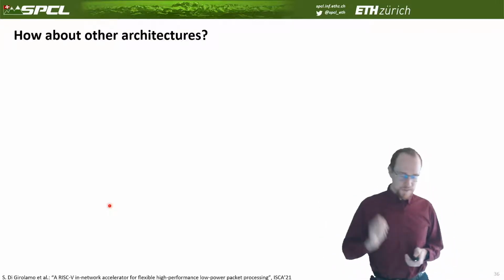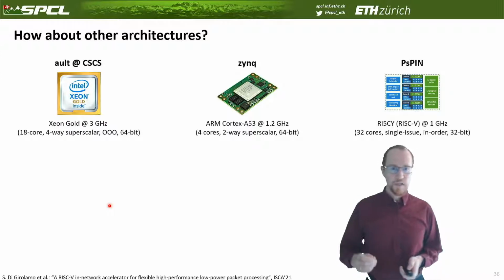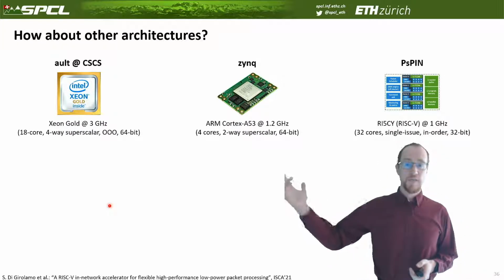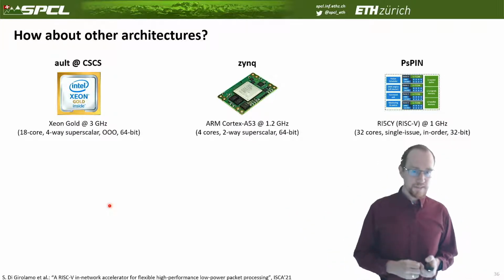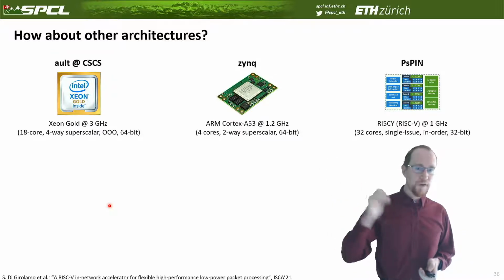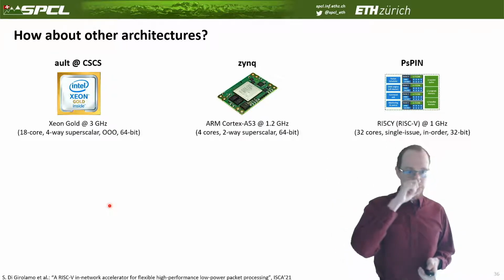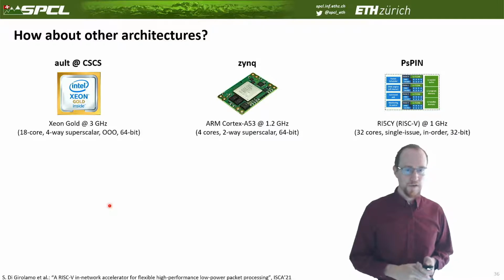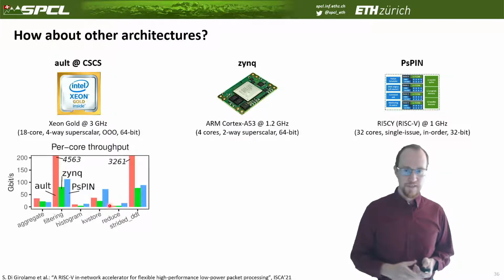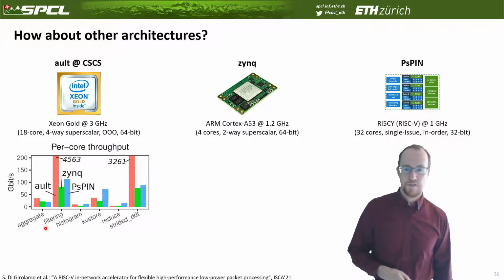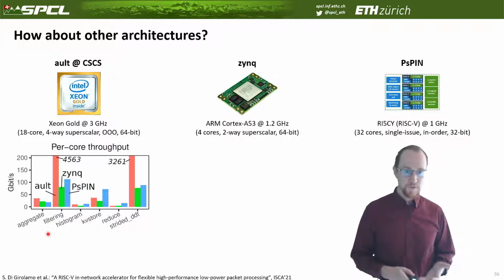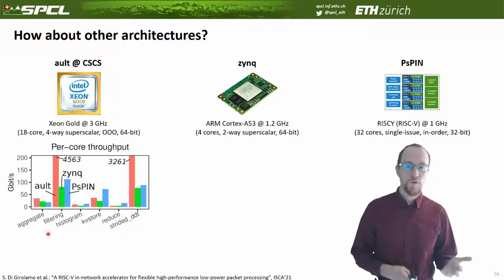So now, how does this compare to other NIC architectures, other potential architectures? For example, if I would put a Xeon or an x86 CPU on my NIC, if I would put an ARM CPU on my NIC, or if I would put our little RISC-V core on my NIC. So we collected some data for the same use cases, but now we are not looking at the full processing throughput, we are just looking at the per core throughput.